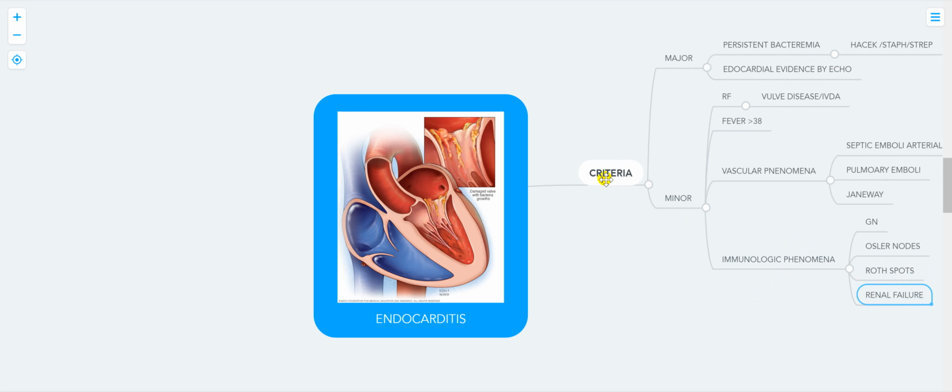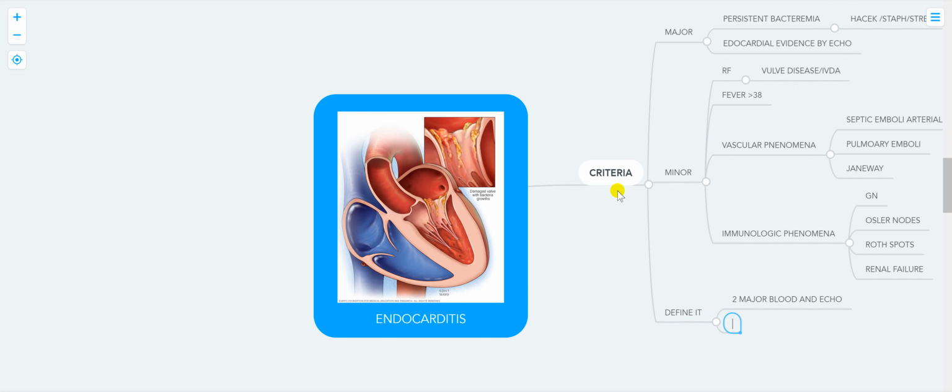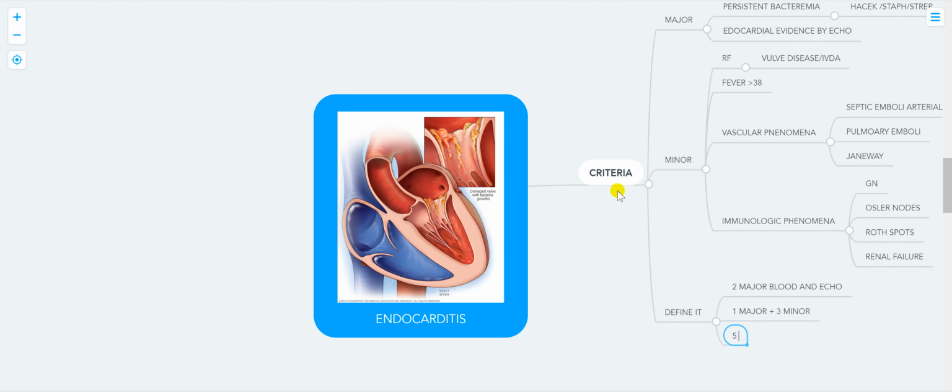So how do you define endocarditis? If there are two major, blood and echo, or one major plus 3 minor, or 5 minor criteria, these are definite endocarditis.